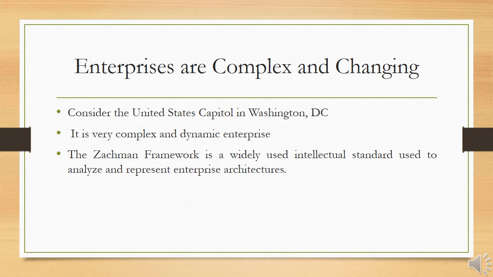Enterprises are complex and changing. Since the textbook, whatever we are referring to as this content, uses the same example, consider the US Capitol in Washington, D.C. This is an immense legislative building of a very complex enterprise.